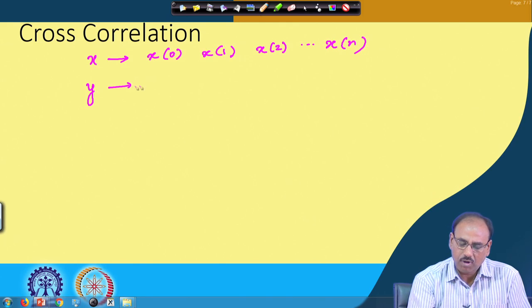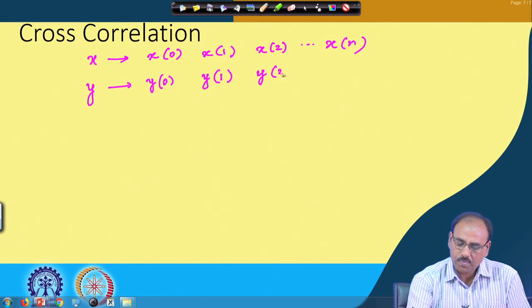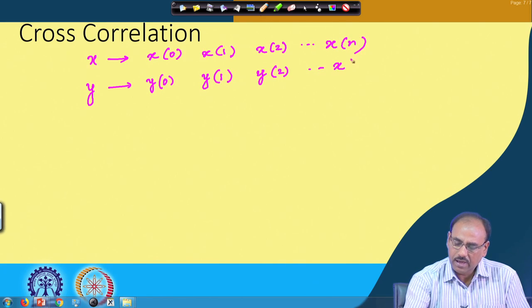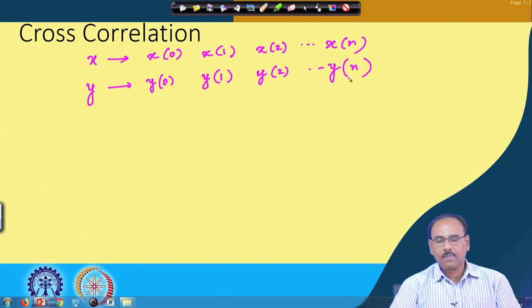Similarly, for y, the samples are y0, y1, y2 up to yn, where y also has n number of samples.